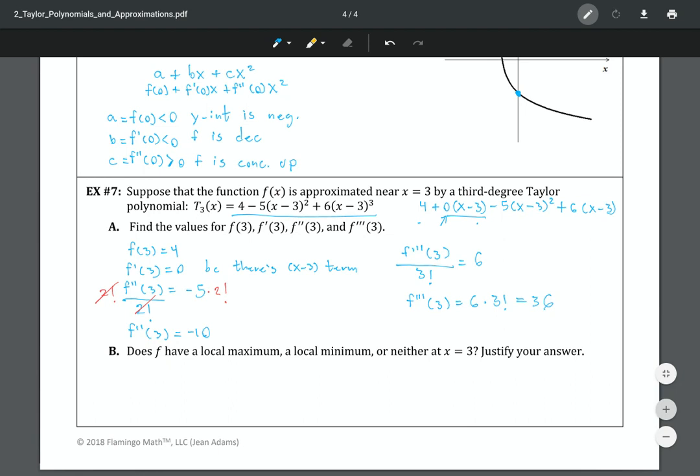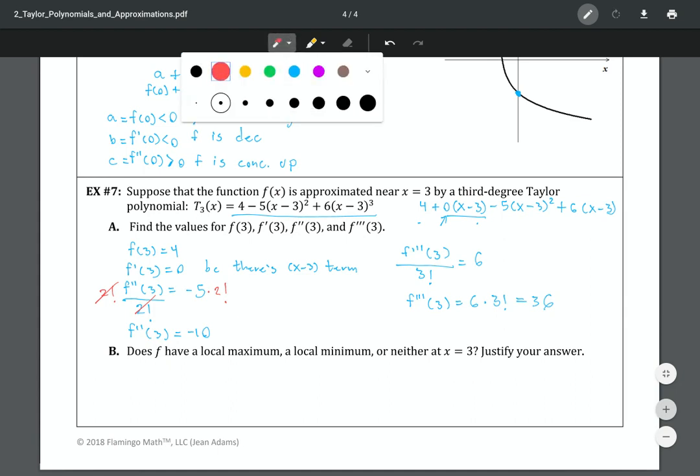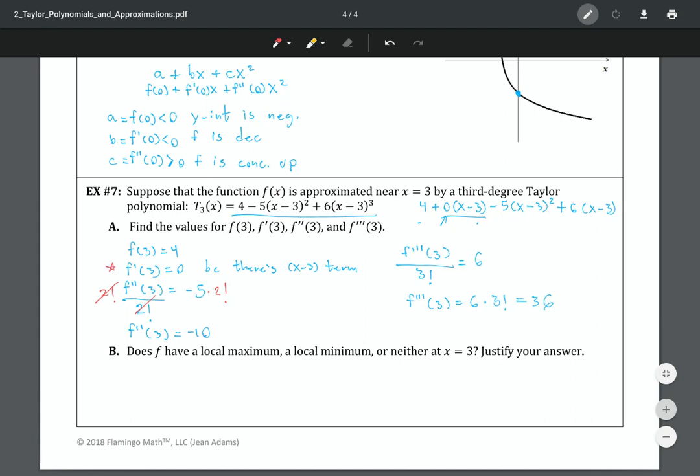Anyways, moving on. So on this very last one: does function f have a local maximum, a local minimum, or neither at x equals 3? Now let's think about this briefly. What do we know happens at 3? I'm looking at this very carefully because I know that my first derivative, which is right there, is equal to 0.